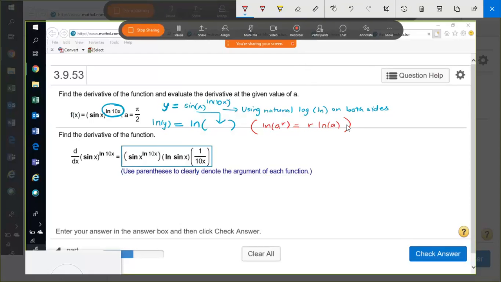My function is sine x raised to the ln of 10x. That's my exponent that comes up in front. So left side is ln of y, right side is natural log of 10x, my r, my exponent, times ln of sine x.